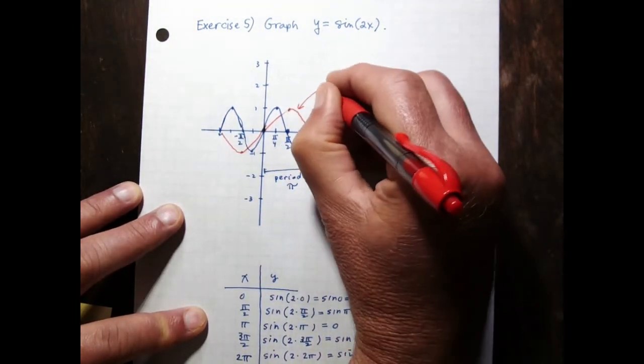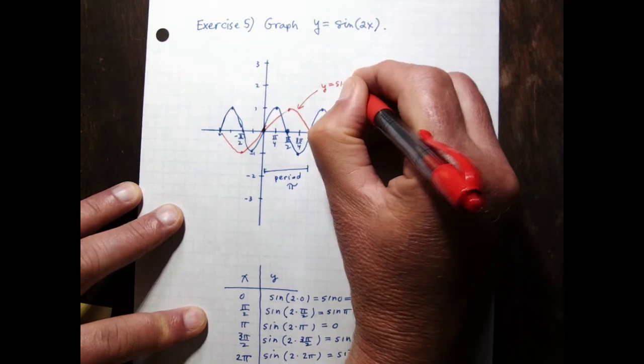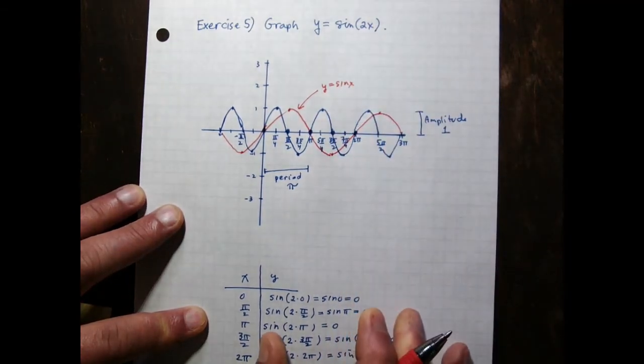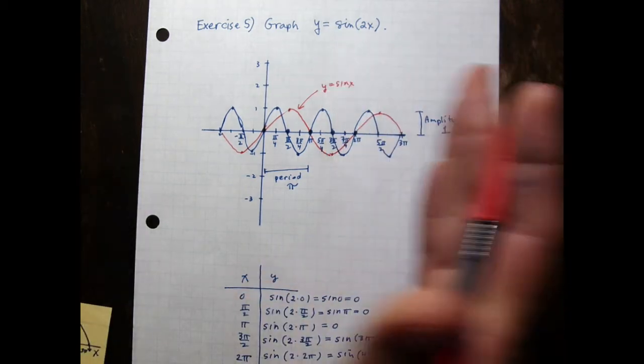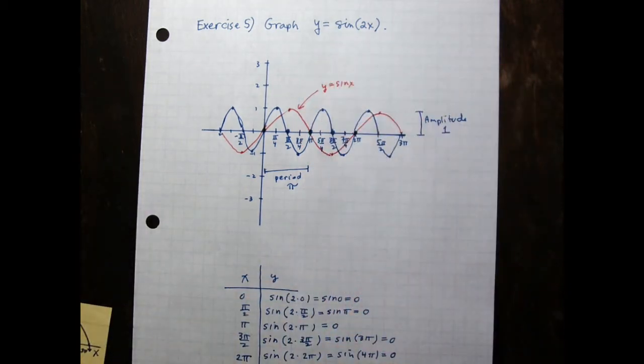So just for the record, there's sine x with its usual 2 pi period. So you get a sense of how this wave has been compressed.